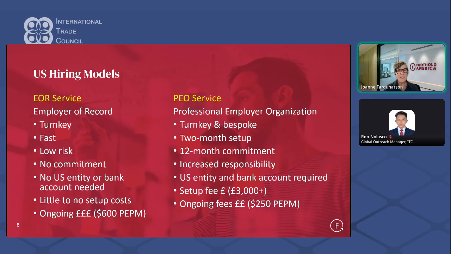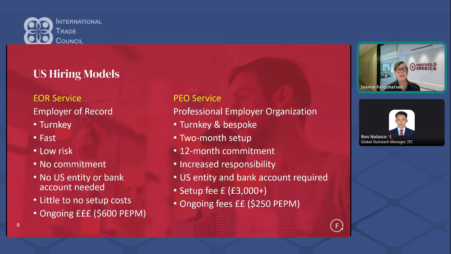So it's more responsibility than EOR, because you must have a US entity, you must have a US bank account. You are generally making more of a commitment to the country, to a contract with a PEO. So generally, you'll be signing up for a year, and there's more setup process. It's not turnkey like employer of record where you just plug in.